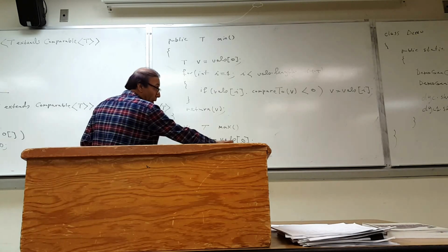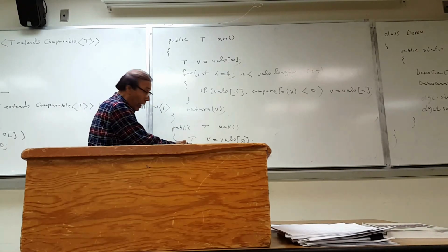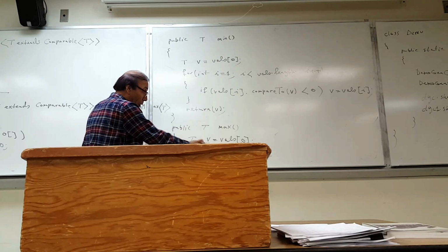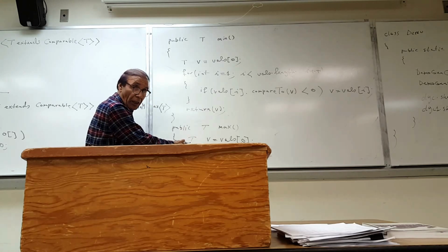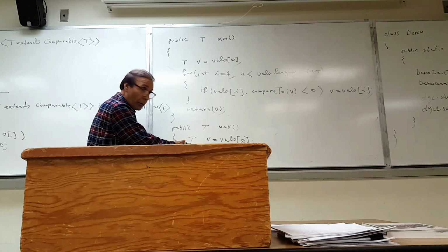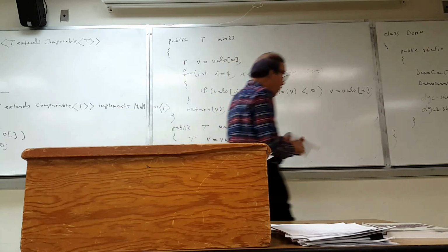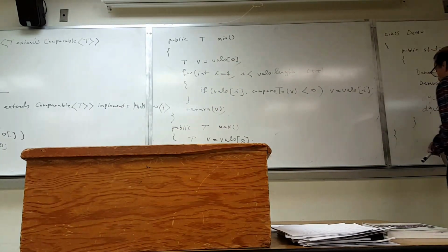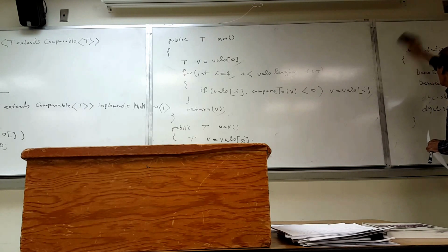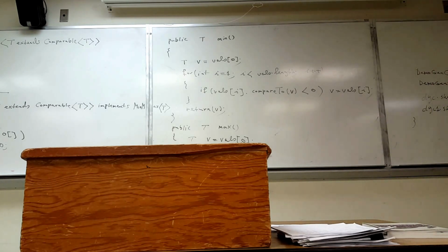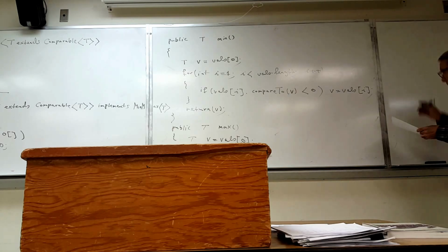I'm picking the first element of the array and assigning it to V. What is the type of V? T. I didn't say integer, short, long, double, so everything should be generic. It's very simple, the same as the other one, but for completeness of our discussion, I am implementing max for you as well, which is a couple of lines.